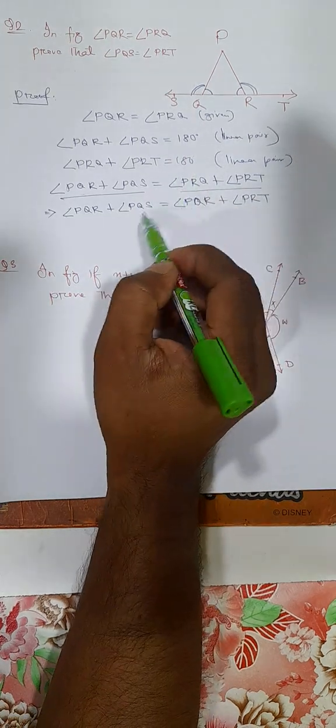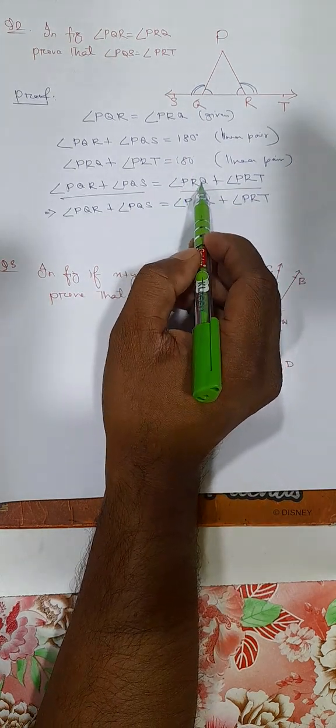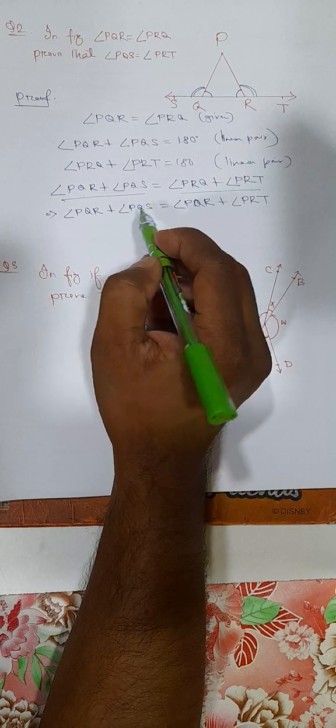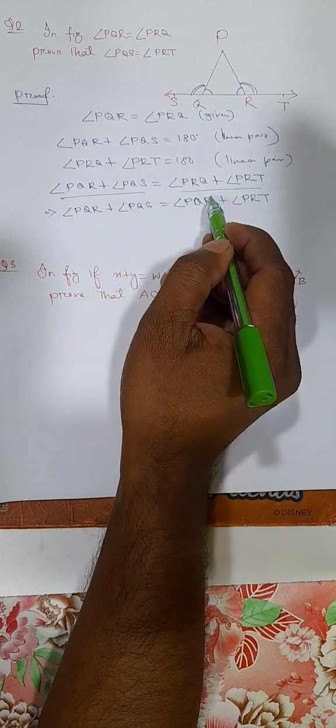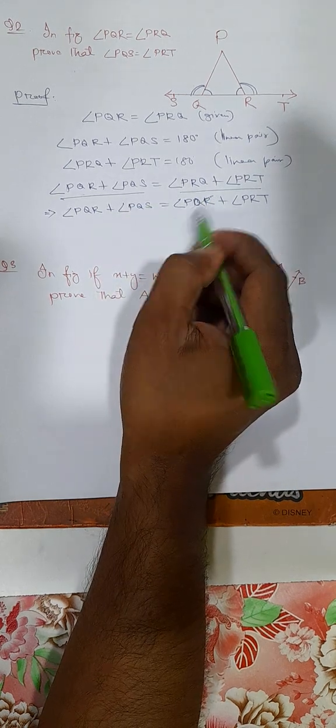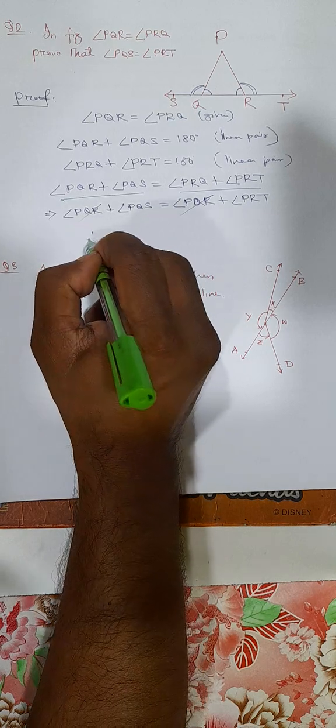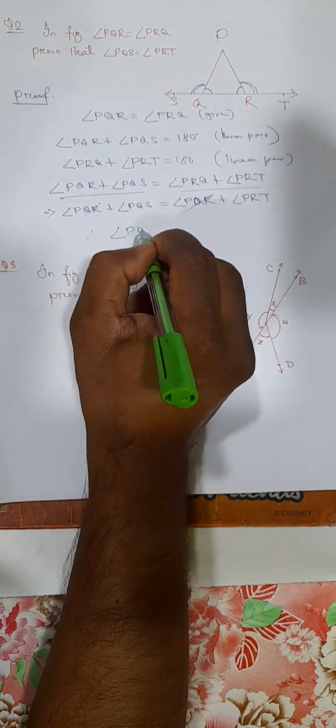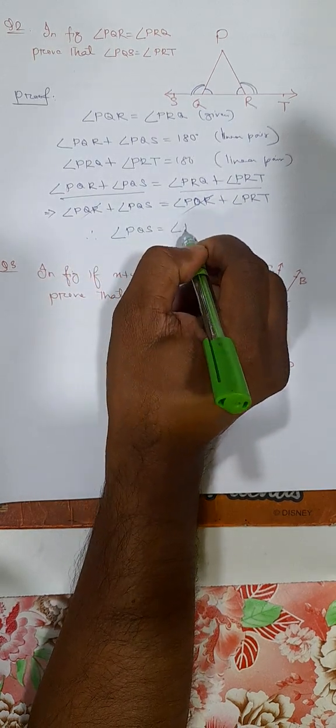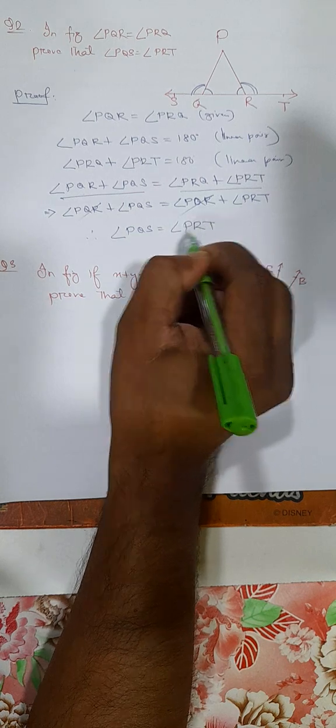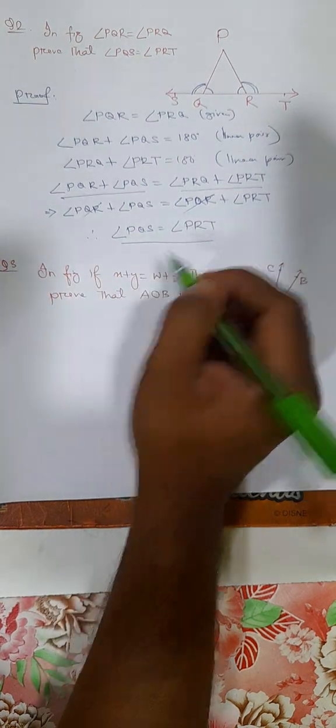Why are we writing PQR? Since PRQ is also PQR. Now we can cancel the same terms on both sides. PQR cancels, therefore you get angle PQS equals angle PRT. This has to be proved, right?